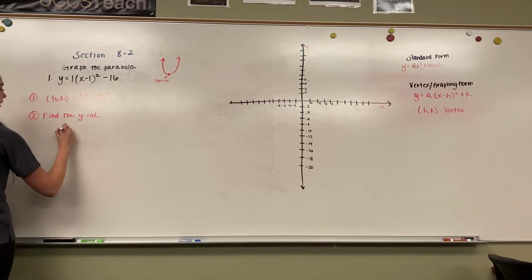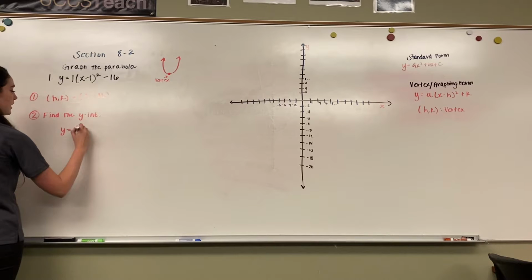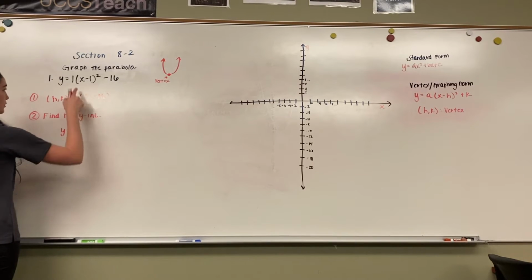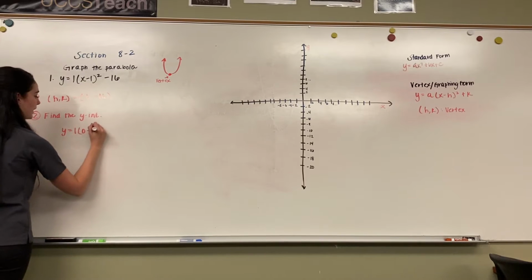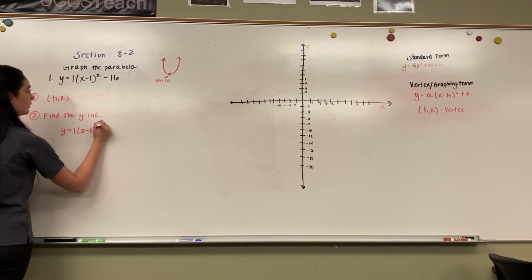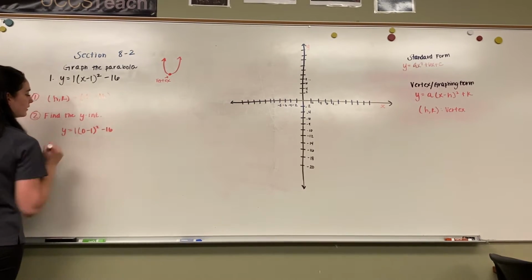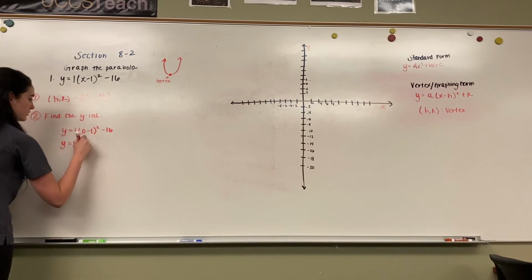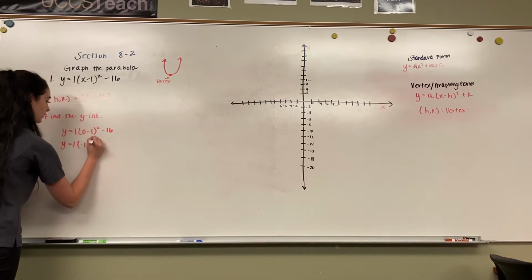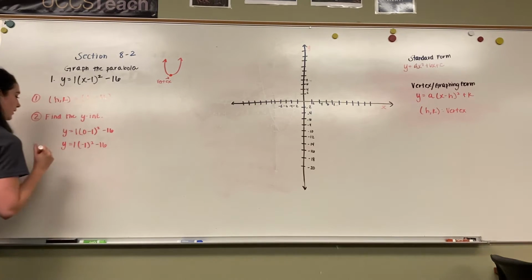So we have y equals 1 times, we're finding the point of the y-intercept, which means the value of x is 0, minus 1, squared, minus 16. So let's use our PEMDAS rules, parentheses first. So 0 minus 1 is negative 1. Okay.